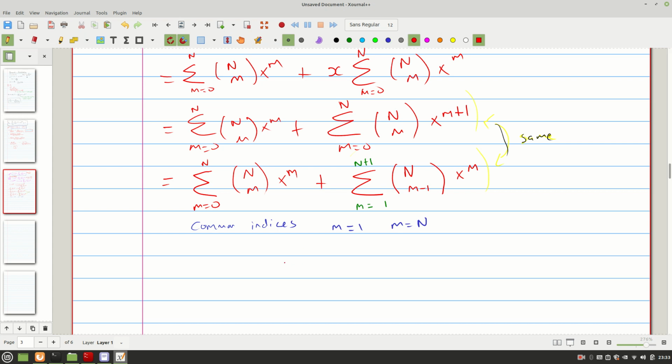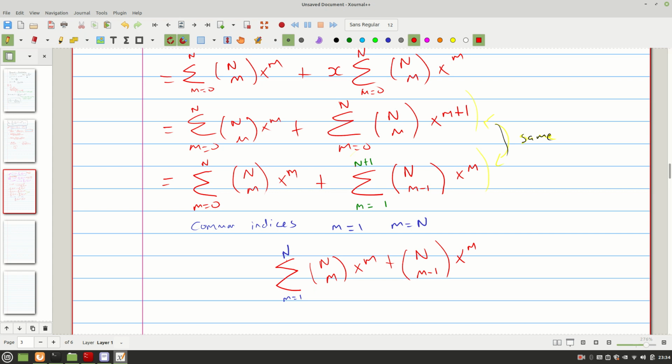Which means we can say summation from m equals 1 until n, because these are the common indices, and we can combine these terms: n choose m, x to the m, plus n choose m minus 1, x to the m.